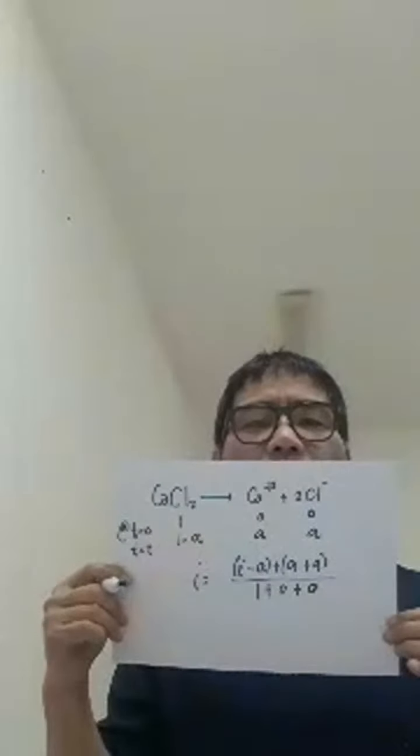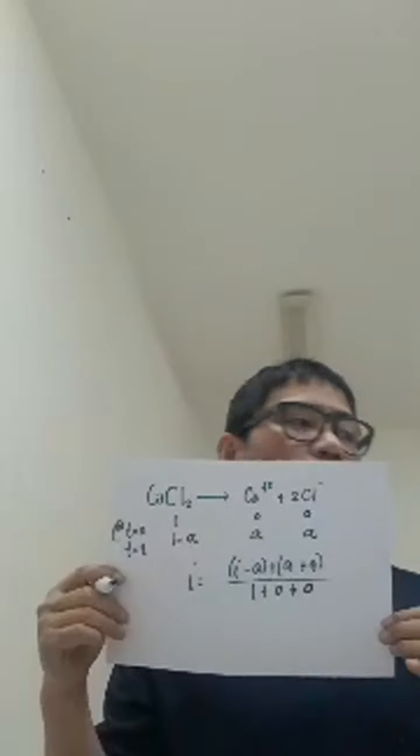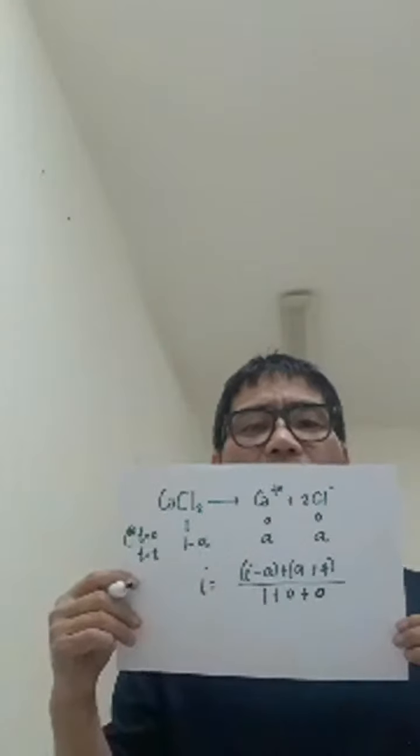after dissociation, like this, and the total species before dissociation. So we need to cancel out the alpha here, right?